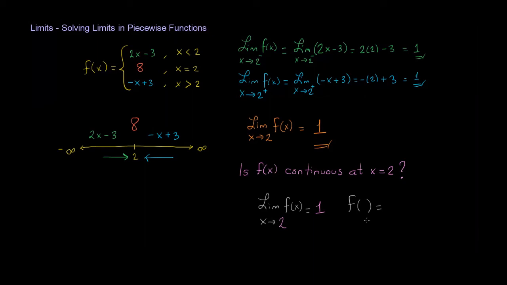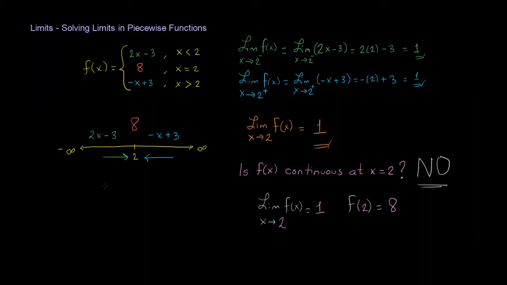And what is f of 2 in this case? F of 2 is defined here as 8. So as these two are different, the answer to the question, is f of x continuous at x equal to 2, is no. It's not continuous at x equal to 2.